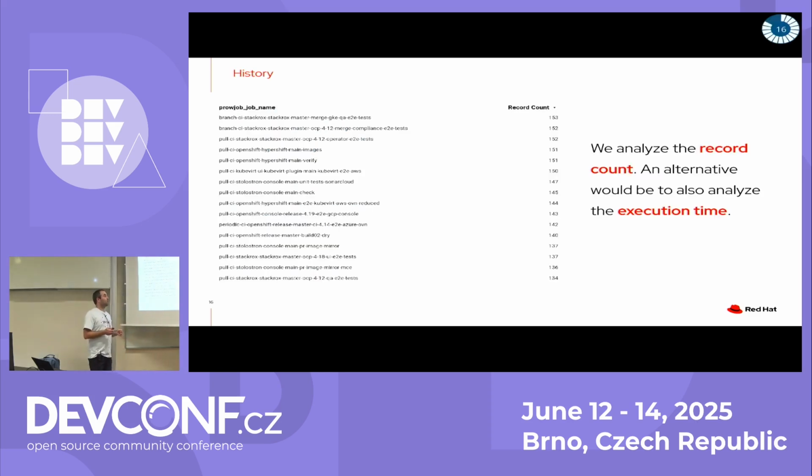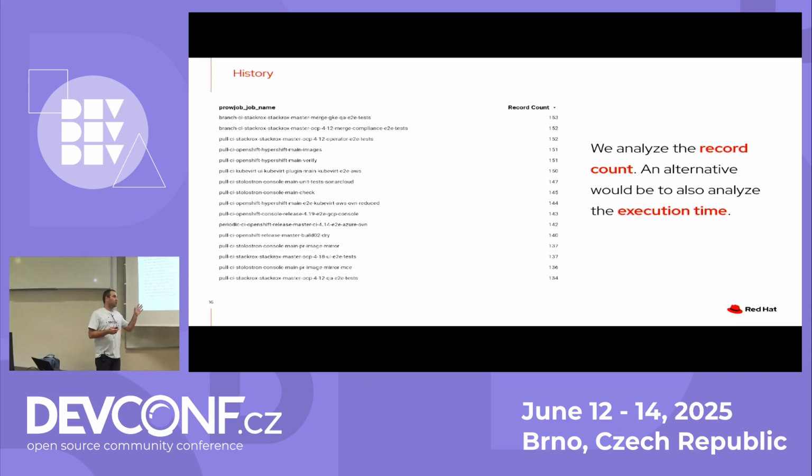When we speak about history, we analyze record count. This is our case because we can imagine that if we take just the whole number of tests, some of them are executed more frequently, some of them less frequently. So we are analyzing record count.